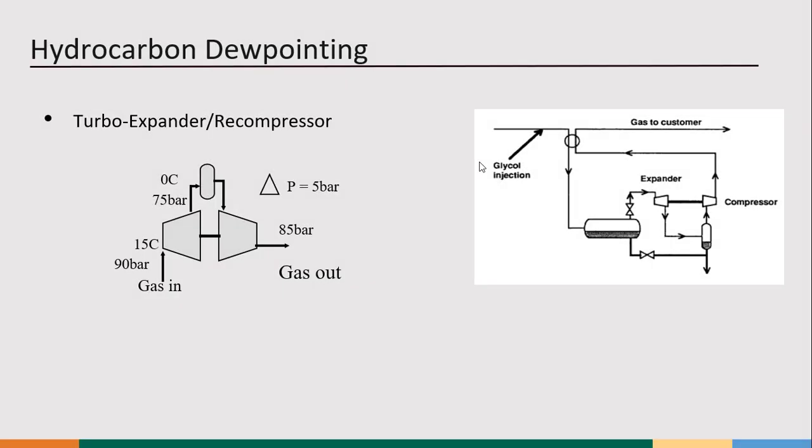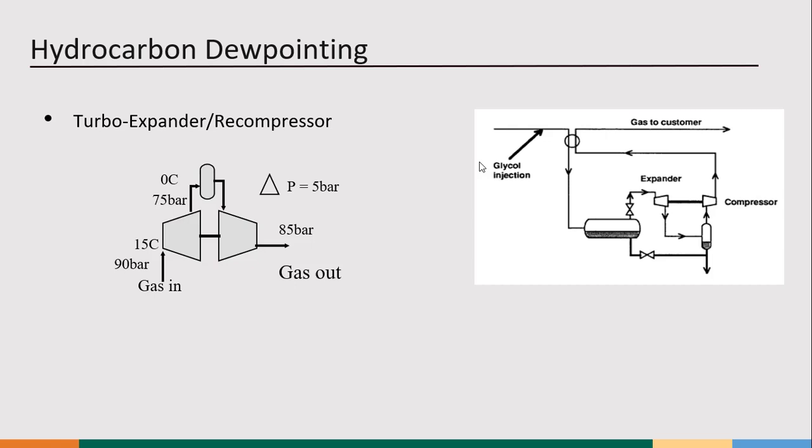And third is a turbo expander and a recompressor. This is one of the latest techniques that is used. In this, some amount of pressure is lost, but it is regained in the compressor section. So if you see, the gas will come in at 15 degrees C and 90 bar.